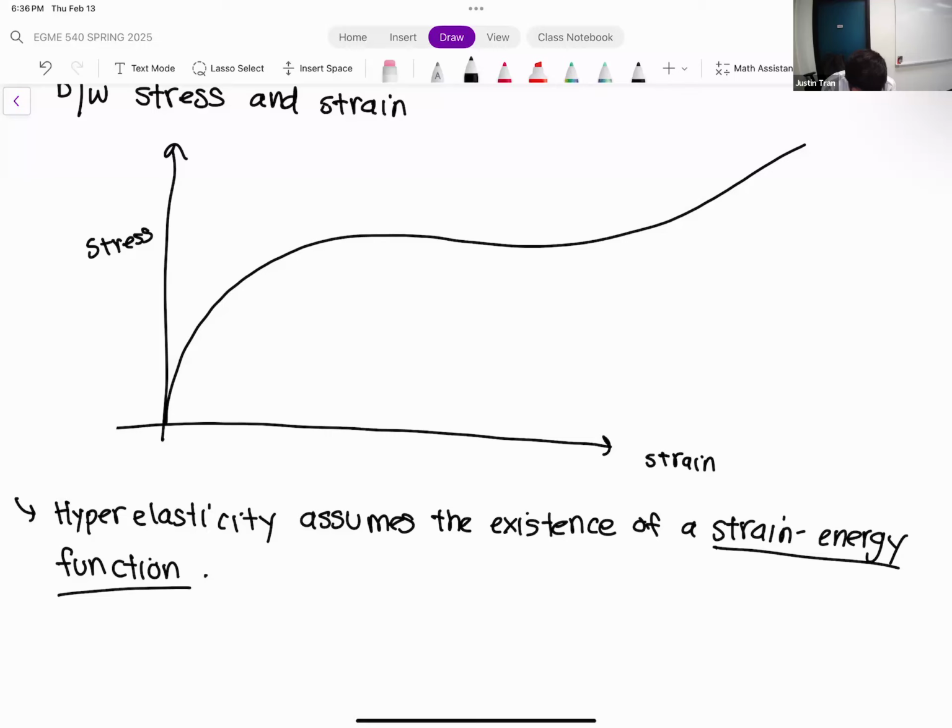And then through the strain energy function, all the relationships between stress and strain are derived.